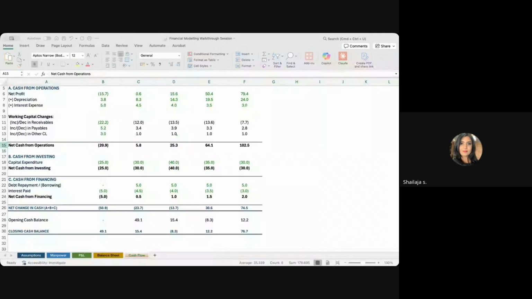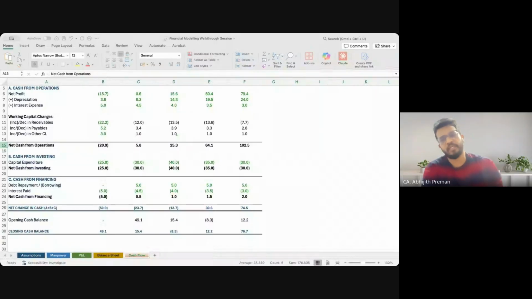Mr. Abhijit, I wanted to know about the free cash flow, after the investing cash flow is adjusted to the operating cash flow. How does it help any business? See, free cash flow is basically your disposable income, or the amount that you can spend freely. If you have a lot of free cash flow, that means your business is well and good. You are going to have infinite runway.